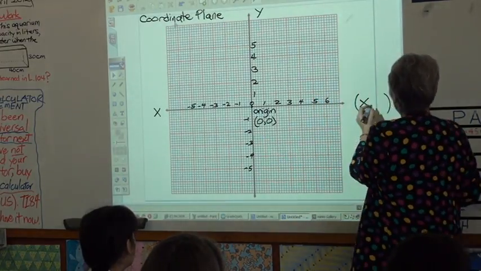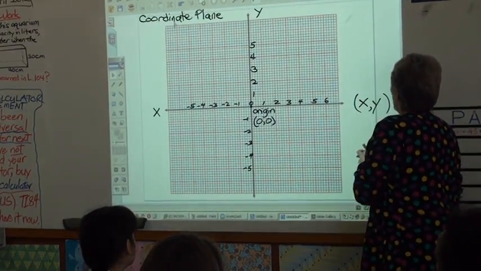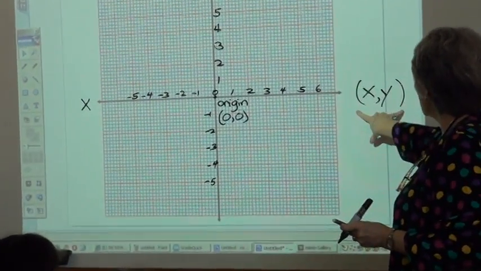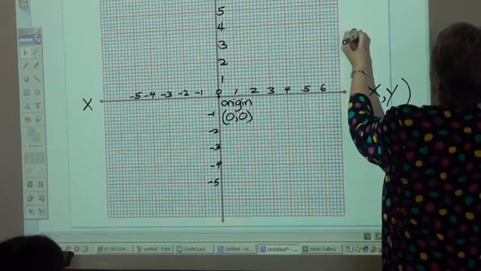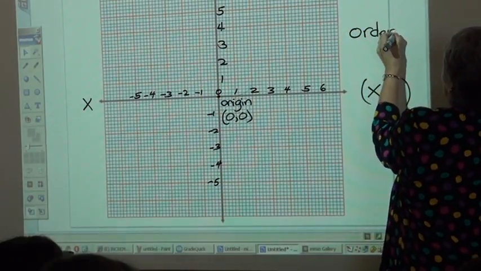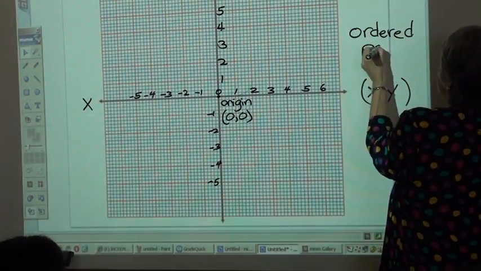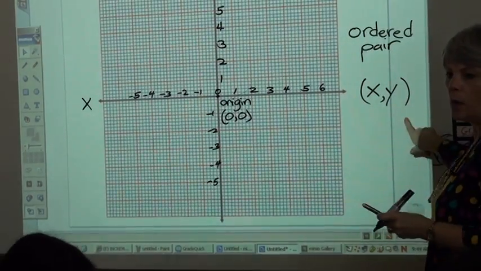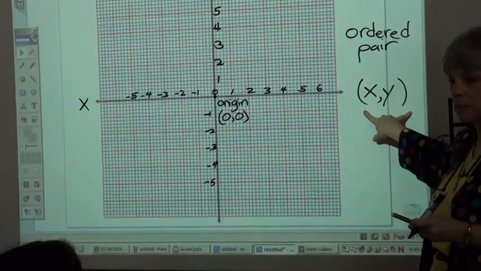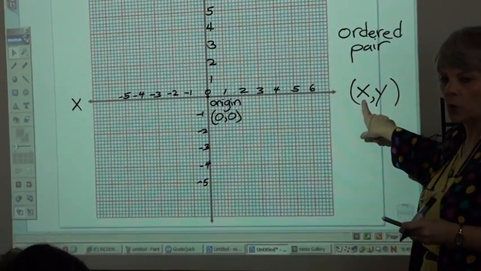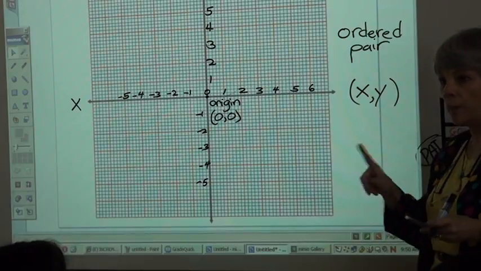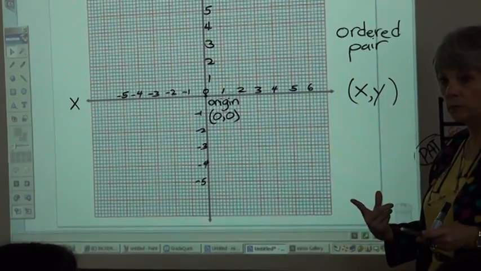So, coming over here, we would put our y-coordinate second. So this is called an ordered pair, and it's going to be x comma y, always enclosed in parentheses, x-coordinate always first, y-coordinate always second, and you can remember that because it's in alphabetical order.